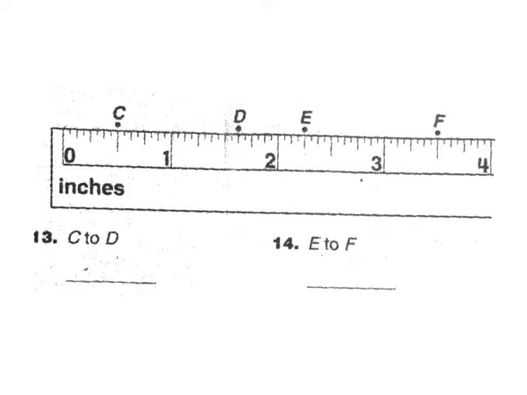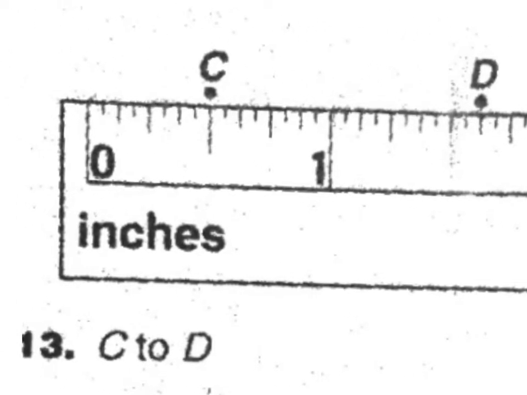Okay? Each of the small markings, because there are 16 of them, if we were to count them out, 1, 2, 3, 4, 5, 6, 7, 8, 9, 10, 11, 12, 13, 14, 15, 16.